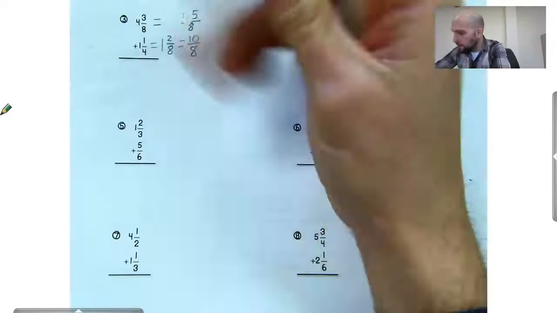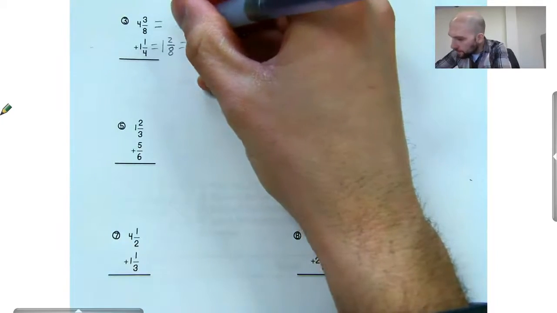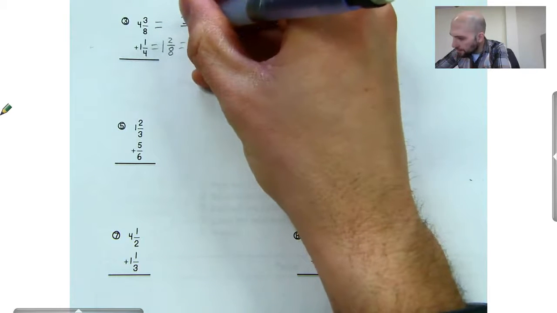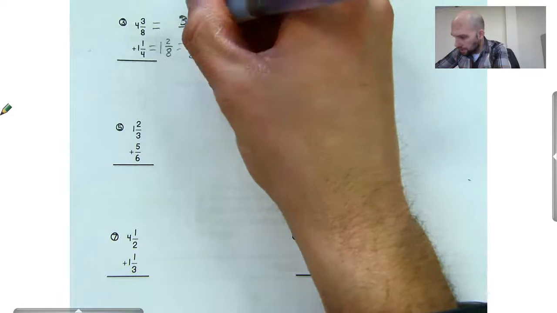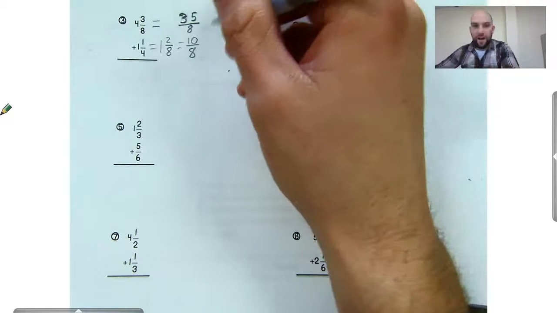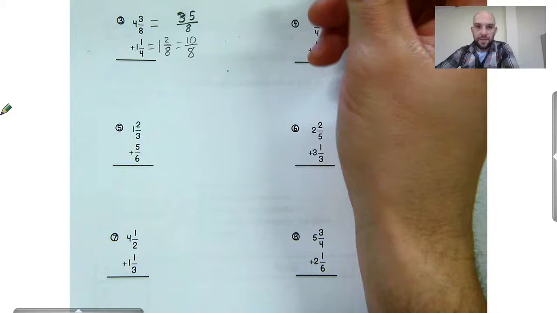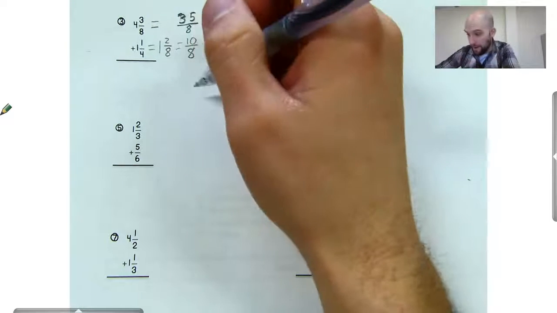I went a little too quickly there. That's why it's important we take our time when we do even simple adding and subtracting. So 35/8 and 10/8, that will give us 45/8.